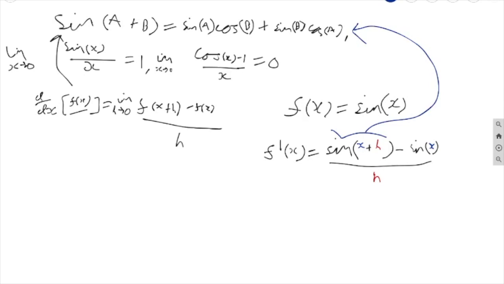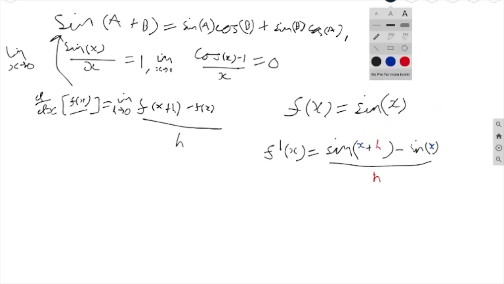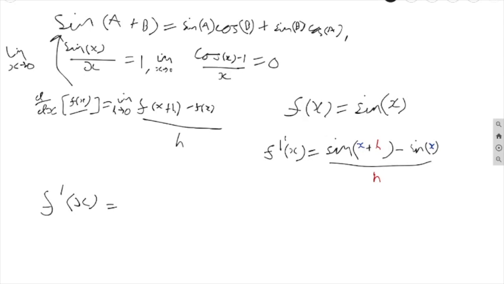So we're going to substitute x and h where I put A and B up here before. So let's do exactly that. Let's come down and say f prime of x is equal to sine of A. Let's say A is blue and B is red, just so we can keep up with color coding. So it's red there, and blue there.